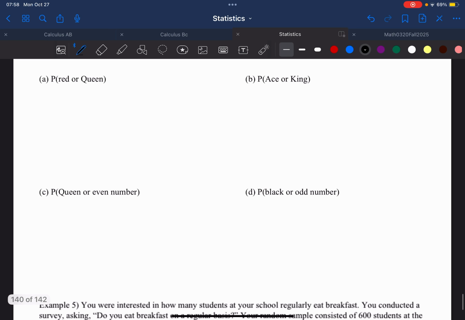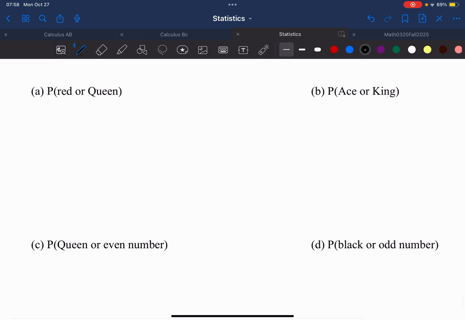So the first one is, what's the probability of getting red or a queen? We would say no, this is not mutually exclusive because a queen can be red, so there's overlap. Queens are also red.